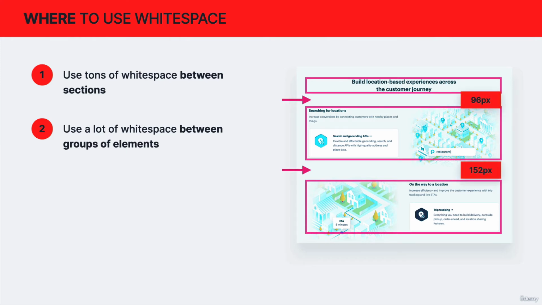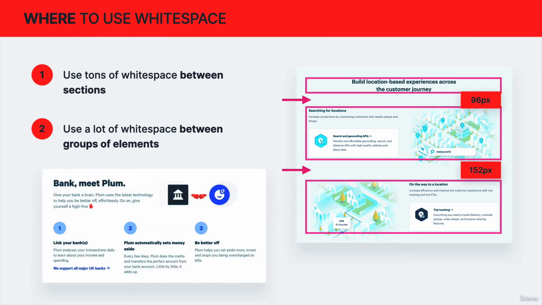And it is not little white space. So we have 96 there between the heading and that first block of content. And then there is 152 pixels between these two rows. So it looks like it's a lot of space, but again, this is actually exactly the space that is needed to make this look clean and polished.